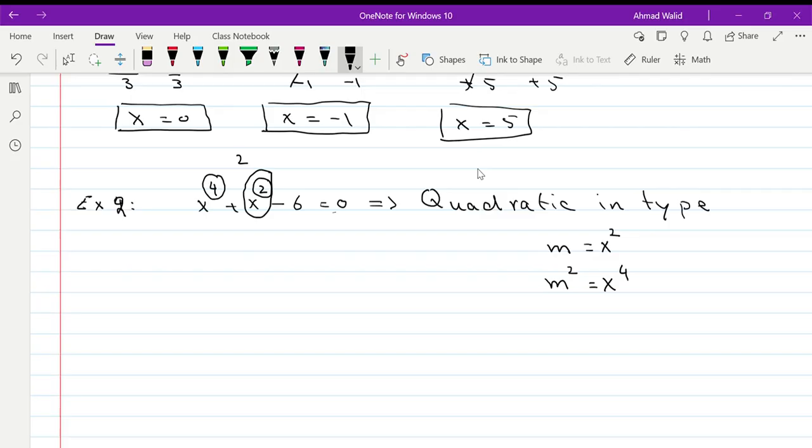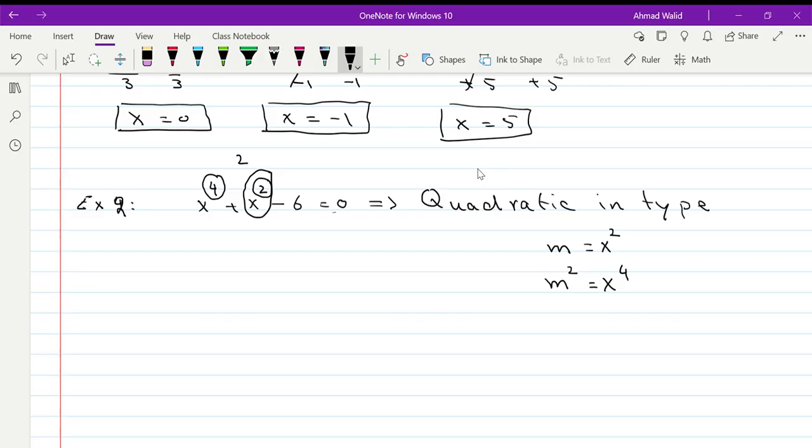If you name x squared m, then x to the power of 4 becomes m squared. Why do we do this? Because we want to change. We don't know how to deal with degree 4, but we have a chance to change it to a quadratic, solve it as a quadratic, but in your answer, substitute back the original powers and deal with it.